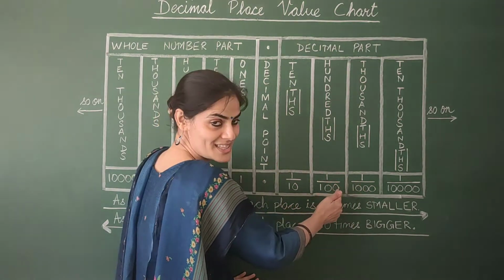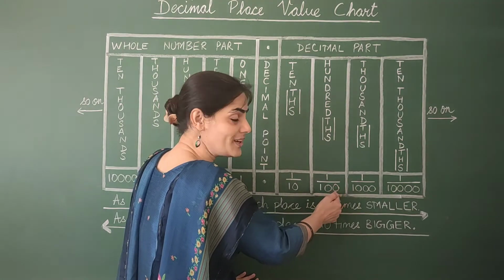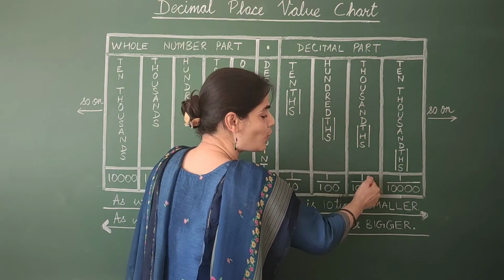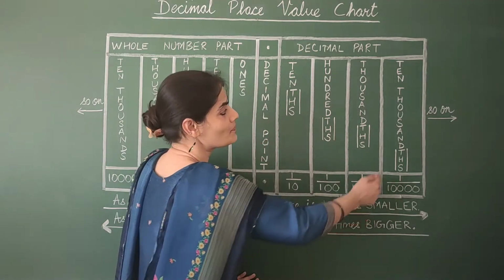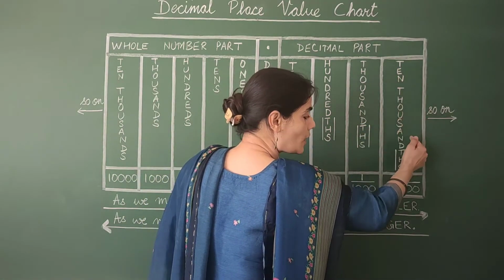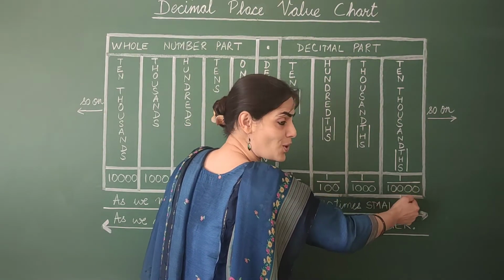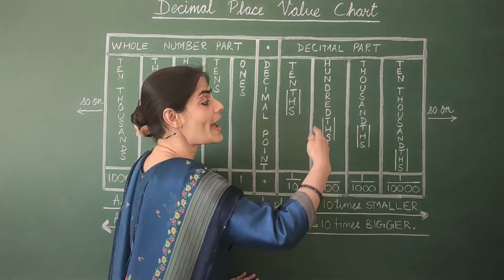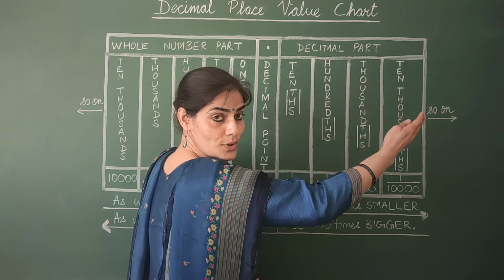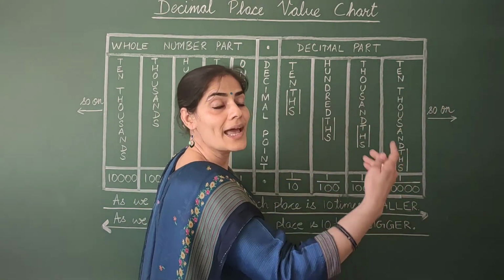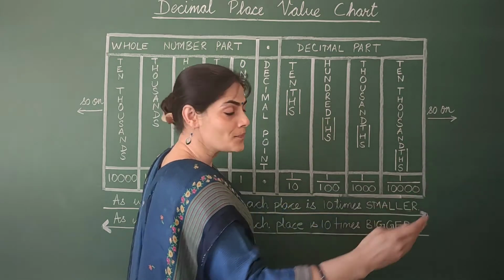Now, it is represented as 1 upon 100. Then we have thousandths place, 1 upon 1000. Then we have ten-thousandths place, which is represented as 1 upon 10,000. And so on. Similarly, we are going to have hundred-thousandths, millionths, and so on, everybody.